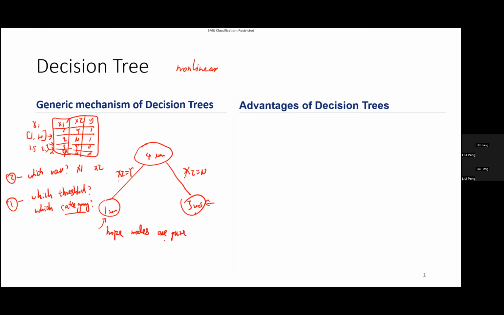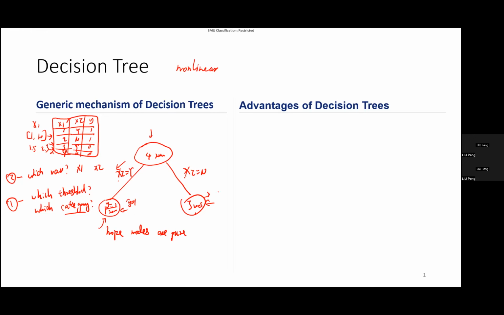Pure meaning that if this is only one row, and in this case y is equal to 1, for example, and that's because there's only one observation, which means if I have a new data point going here and my X2 is yes, it will always be predicted as y equals 1. So y hat is always equal to 1, and it is correct because my true label is 1. So in this case, there's only one type of category in terms of the target variable in this node.